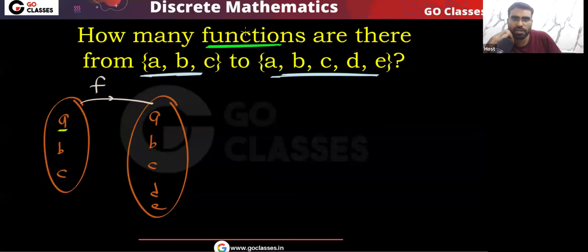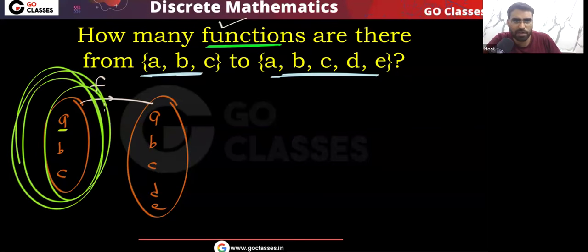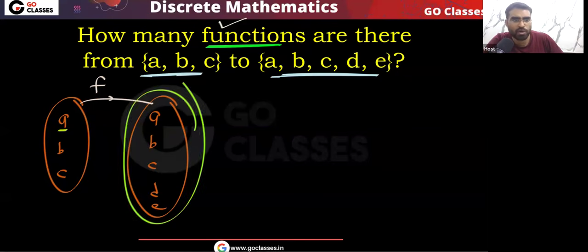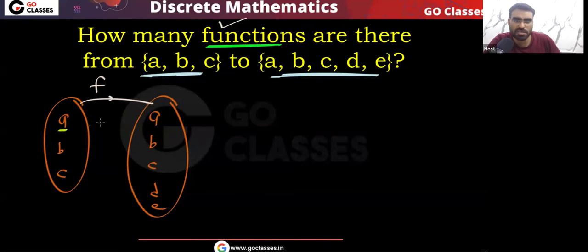See, if I want to create a function, then every element of domain must map to exactly one element of codomain. So this element of domain has how many choices? I can do this, or I can do this, or I can do this, or I can do this, or I can do this. Yes or no? Can I do this like this? Can I do like this? No, I cannot do.